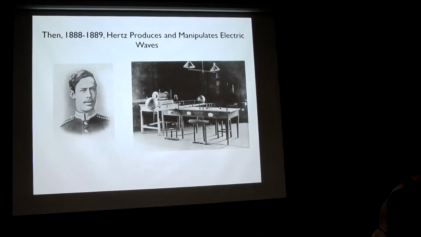Well, in the meantime, over in Germany, a young physicist trained under Hermann von Helmholtz discovers the existence of electric waves, which the British had doubts about. That is, they thought light was electromagnetic, but they didn't think it was likely possible to generate this stuff artificially.